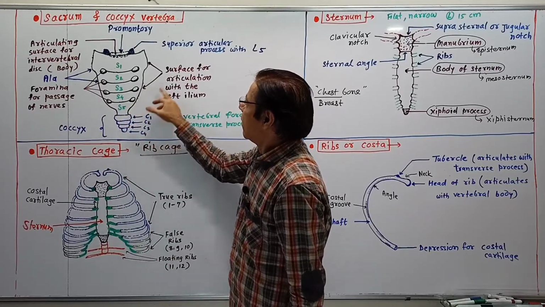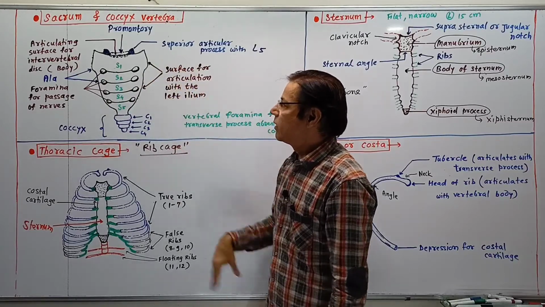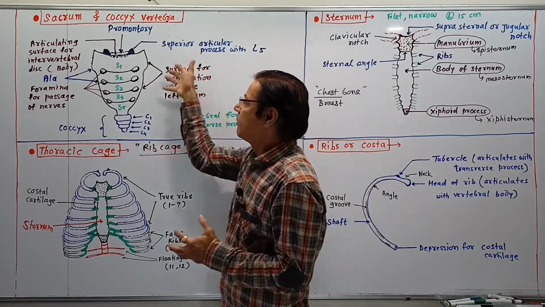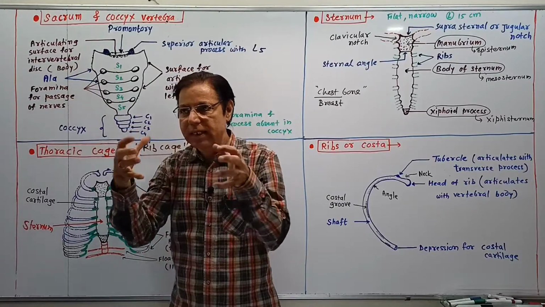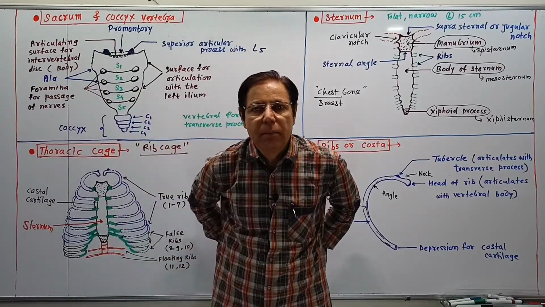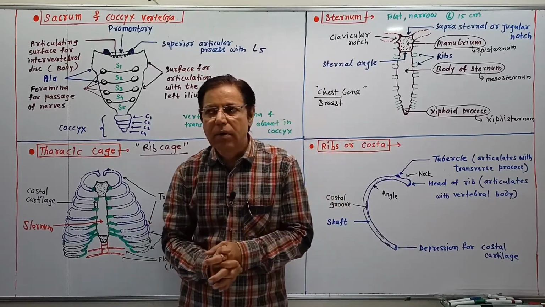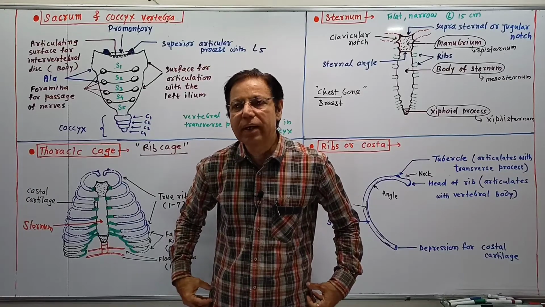Okay, and this is the lateral surface, ala, used for articulation with the ilium. Left ilium, right ilium attach from both sides, and it is located at the back side of the pelvic cavity in between 2 ilium of the pelvic girdle.